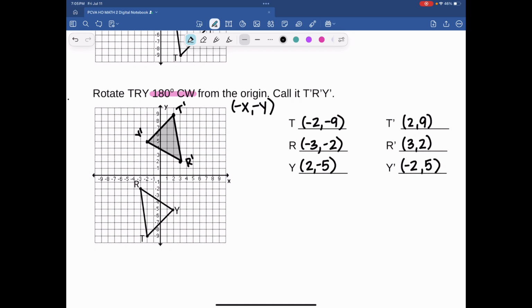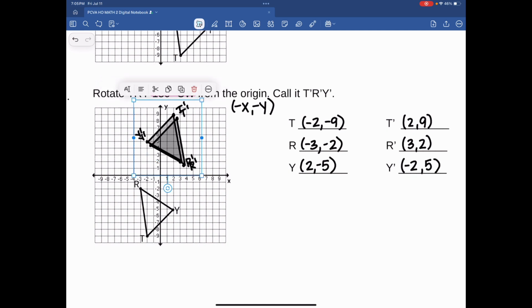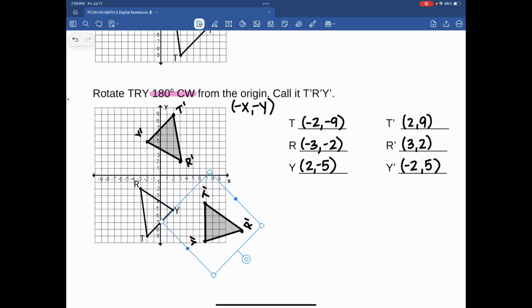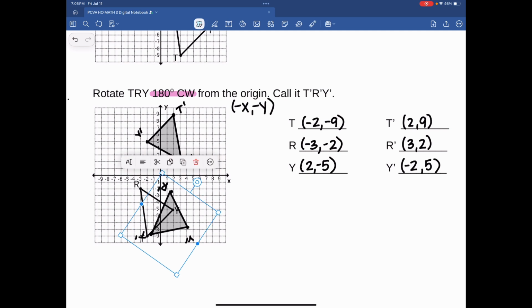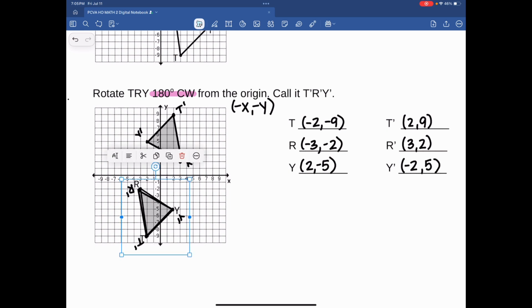So again, if I want to visualize this, I'm going to make a copy of that. I'm going to rotate it to fit back to the original, just like it was previously. And again, it's not going to be perfect, but pretty close. So there's my original.